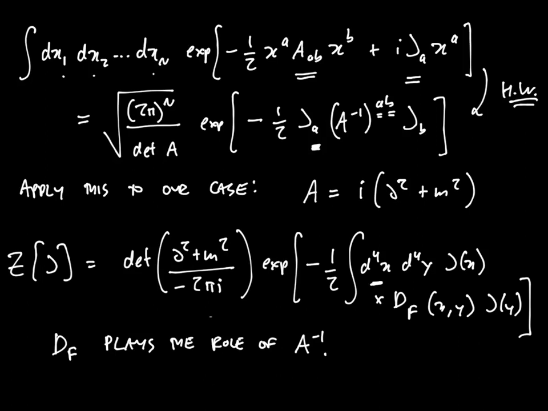But to tell you what that means, that DF plays the role of A inverse, I should tell you what DF is defined as. In that formula, DF is defined in the following way. It's the inverse of A, which means that when A acts on it, you get the identity.